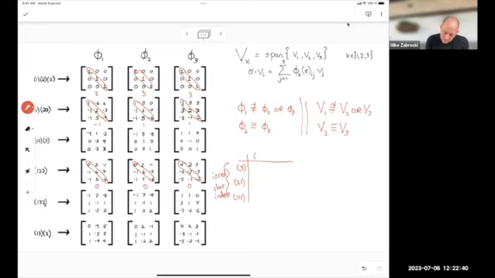And then I evaluate them at 1, 2, 3. The identity, the trace is 1.